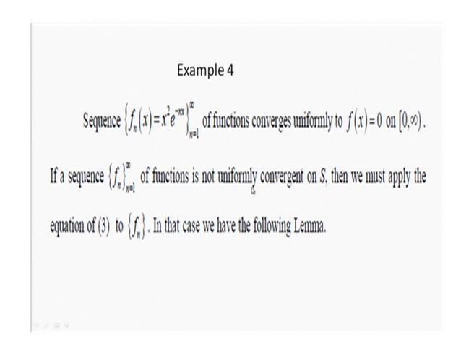If we want to check whether a function is not uniformly convergent, the negation of this statement must be true. What is the negation of this statement? Negation means for every becomes there exists, and there exists becomes for every.